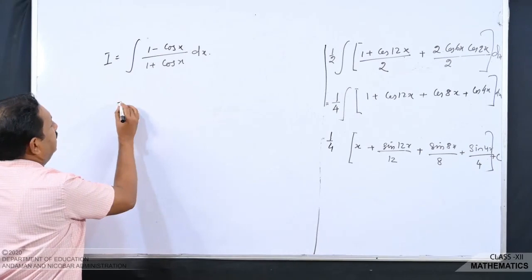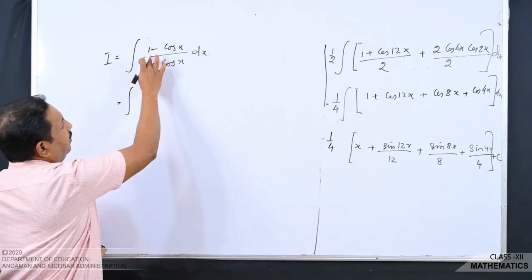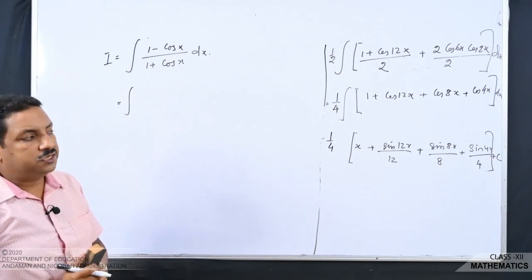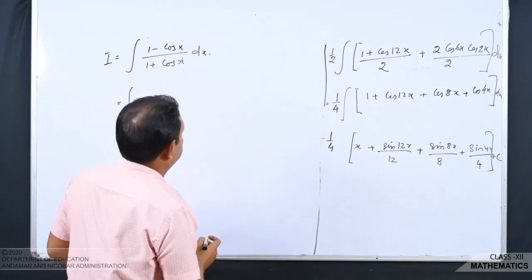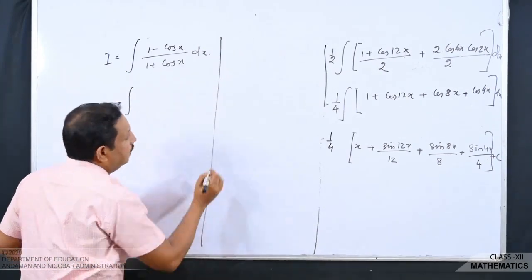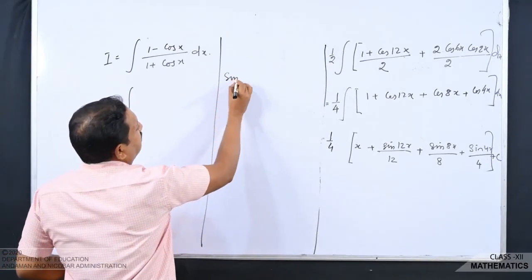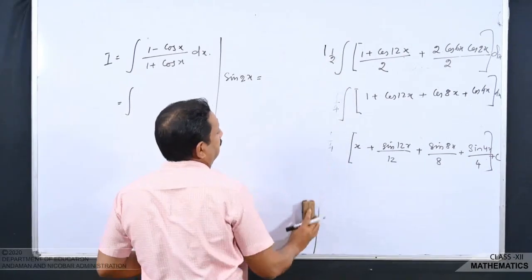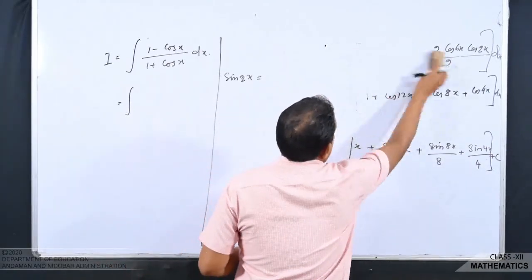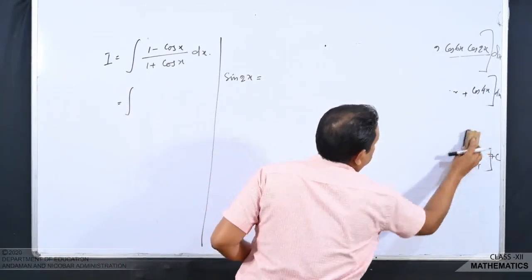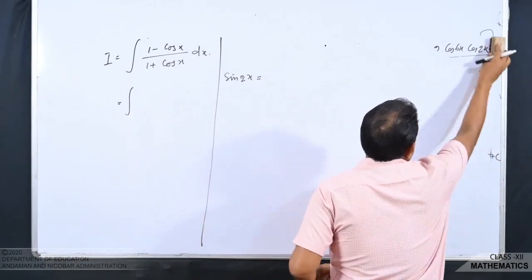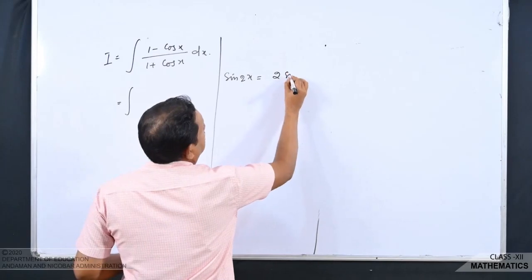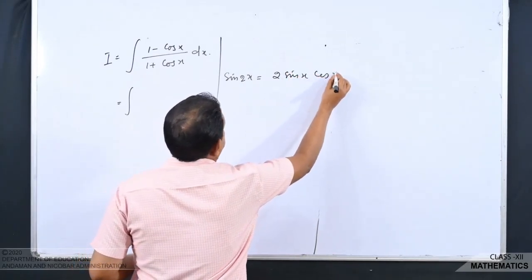That means here integration 1 minus cos x. What can we write for 1 minus cos x? See, sin 2x is 2 sin x cos x.